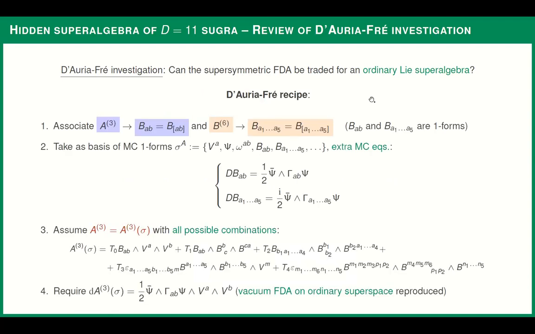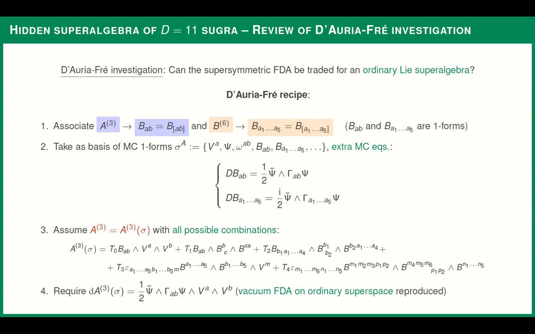I will show you the recipe, let's say, for seeing if this free differential algebra can be traded for an ordinary superalgebra. So essentially, we associate to A3 and B6 the fields B^{ab}, symmetric in two indices, and B^{a1...a5}, symmetric in five indices. Those are bosonic one-form fields associated with the presence of A3 and B6. And I will also tell you what those objects are. They were already known in the algebra literature. Then we take these as the basis of new Maurer-Cartan equations.